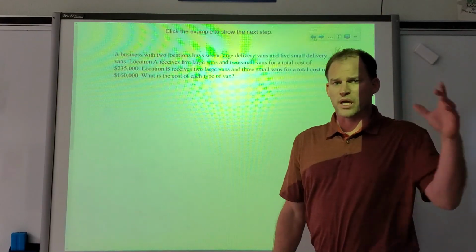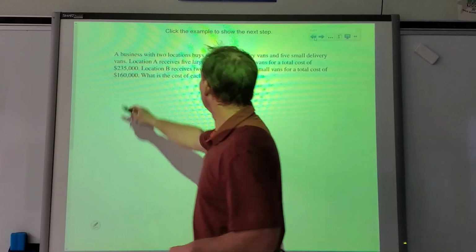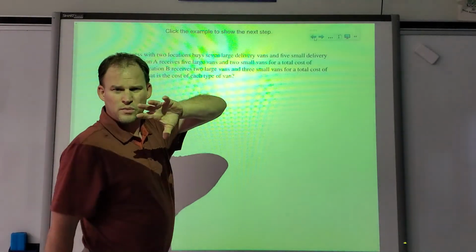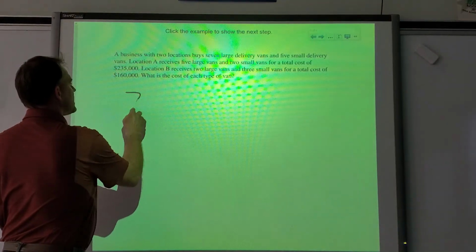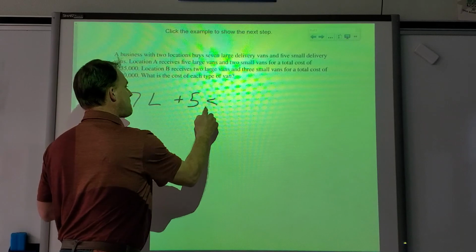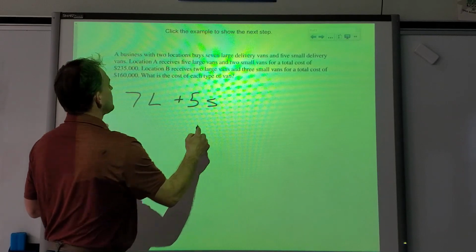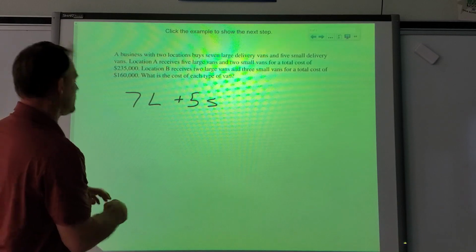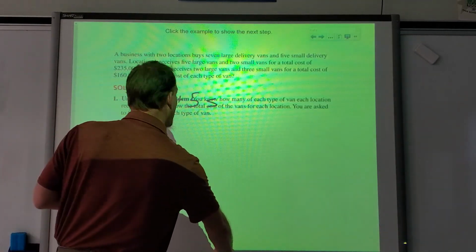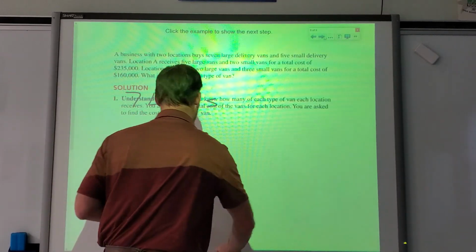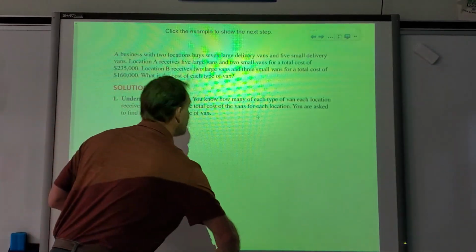word problems, okay? We're not going to solve this, but we do need to talk about it. So you read the problem. Seven large delivery vans, zoom in if you need to. So there's 7 large and 5 small. Sorry, hit a button.